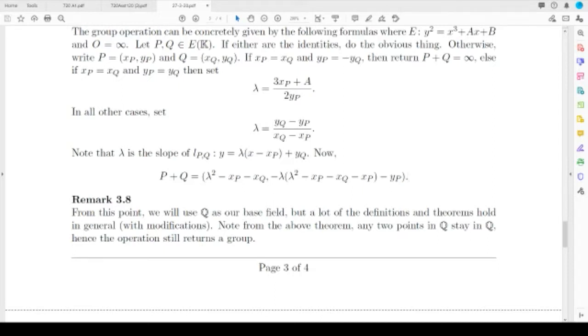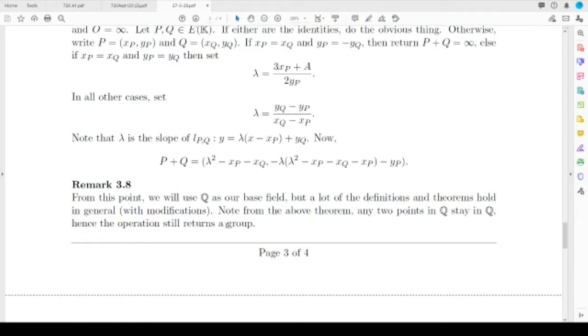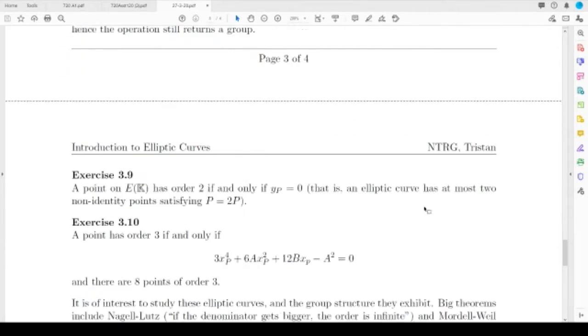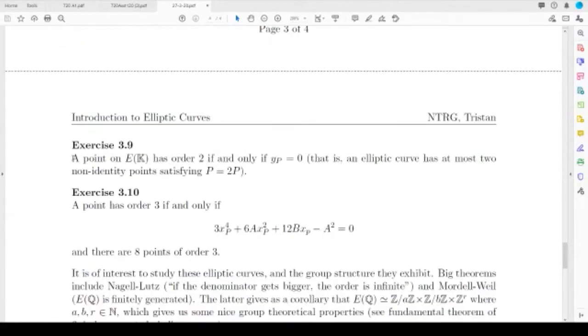That means we can take elliptic curves over Q, and that's interesting because then we get into the cryptography side of things and that sort of stuff. Just a couple more points to make: any point of order 2, that means any point satisfying p equals 2p, which is not the identity, only occurs if the point is on the y-axis, so yp is 0.